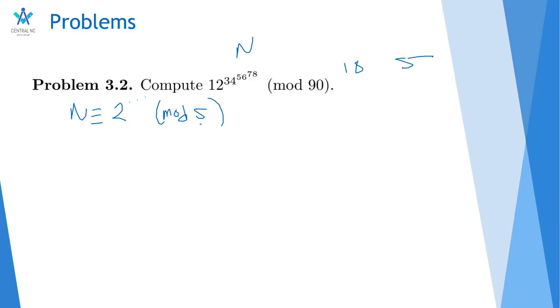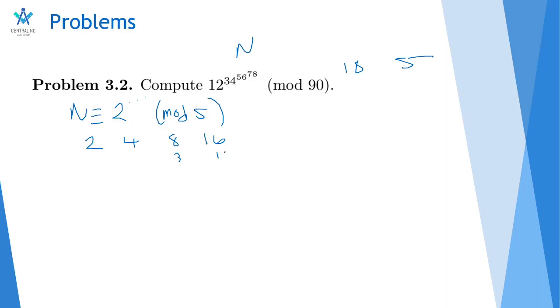Well, how do we calculate this? We've got to look at this, and if we actually look at powers of 2 modulo 5: 2, 4, 8, which is 3 modulo 5, and 16, which is 1 modulo 5. That's key.